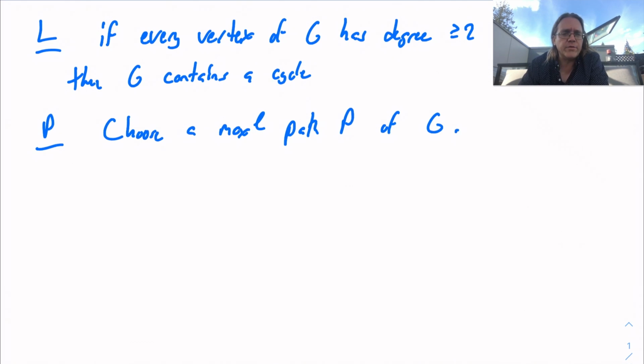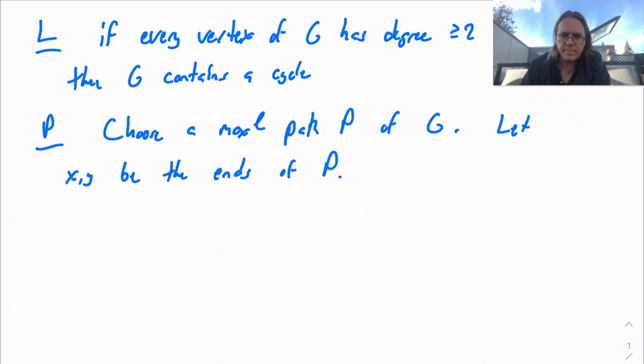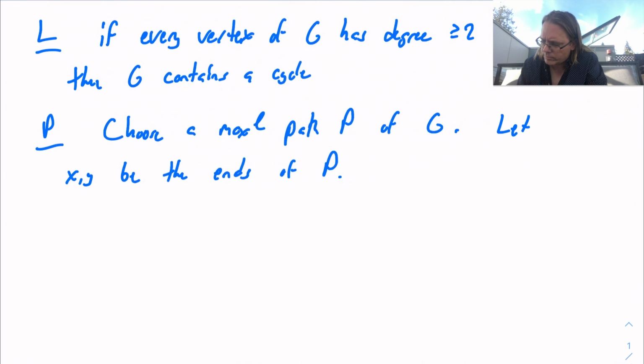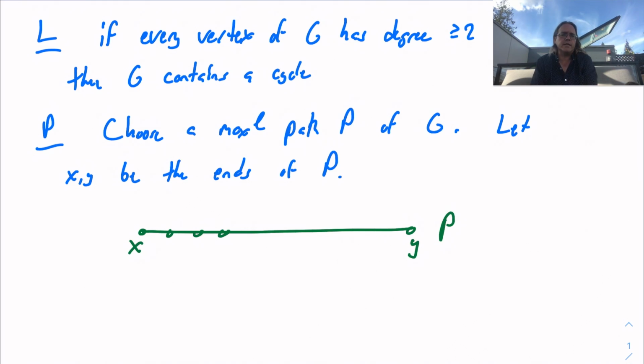and let me call the ends of P x and y. So let x, y be the ends of P. Okay, I'll draw a picture. There's x, there's y, here's my path P. Of course, this exists as a subgraph of our larger graph.